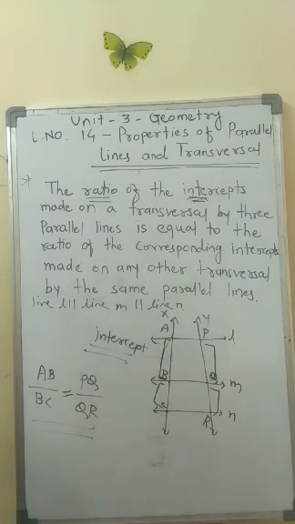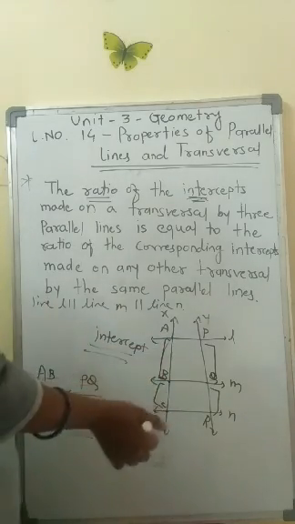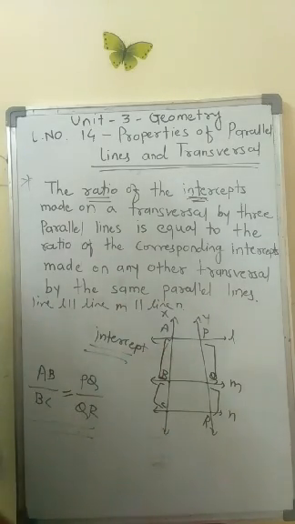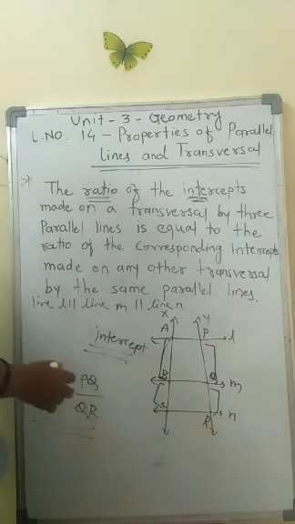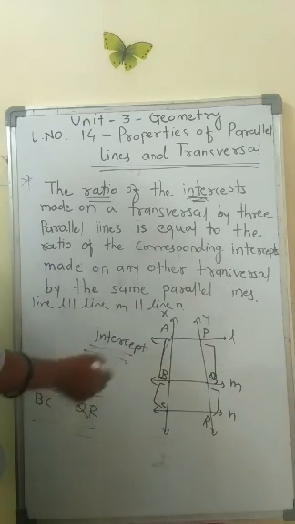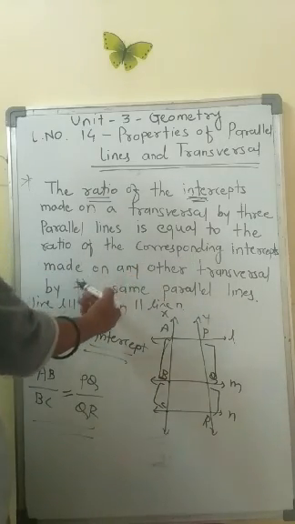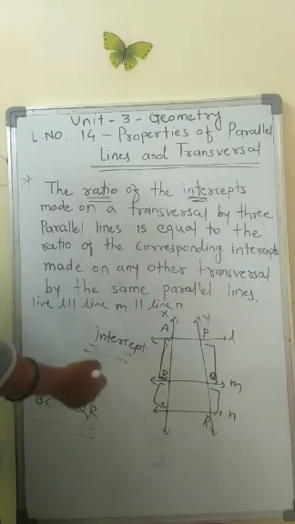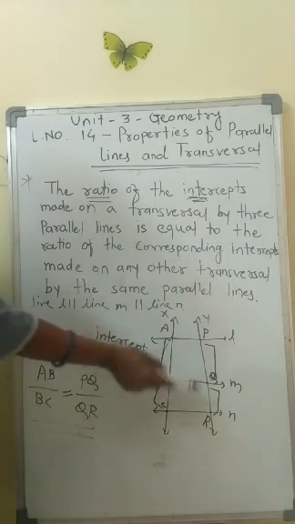If 3 parallel lines are intersected by 2 transversals, intercepts are formed, and the ratio of the intercepts on one transversal is equal to the ratio of the corresponding intercepts made on any other transversal by the same parallel lines. It means AB upon BC equals PQ upon QR.